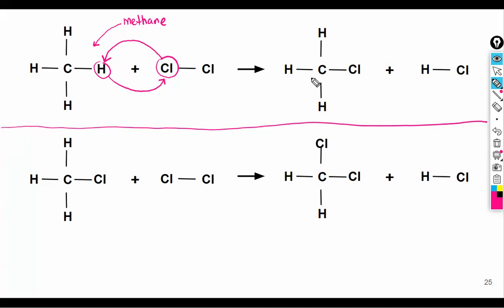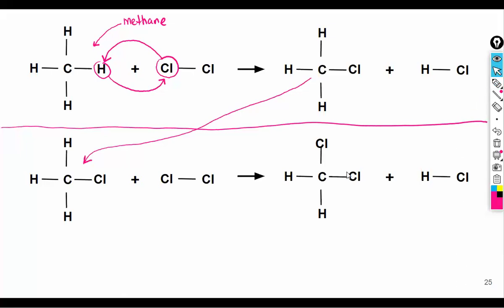Let's say that this now goes over here. Remember, it has one chlorine in it. And a brand new Cl2 molecule walks up to it. What do you think is going to happen? Isn't this chlorine going to try to kick out one of the hydrogens?